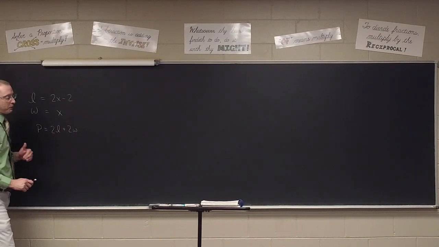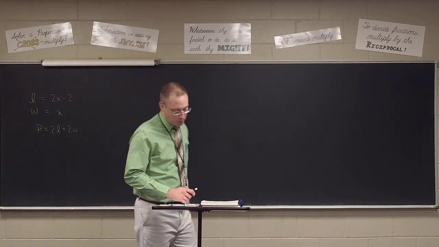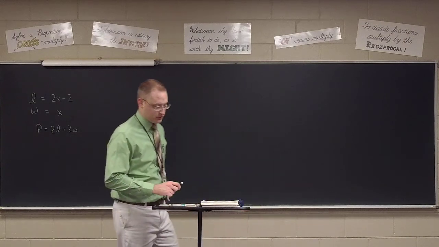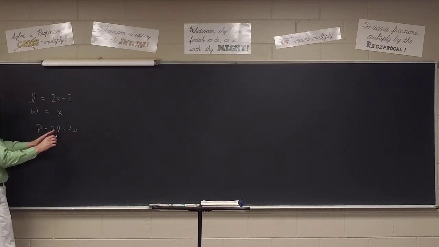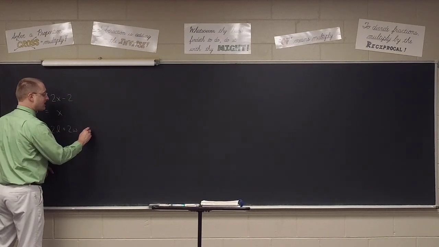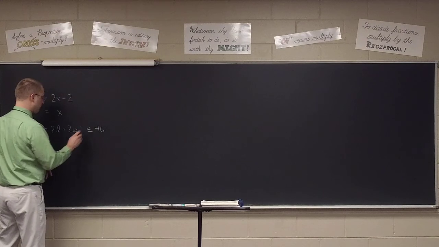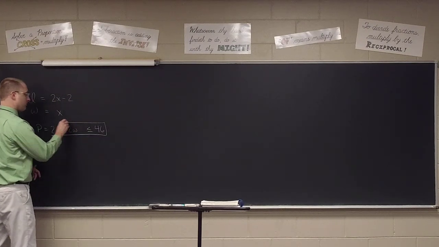So when they tell us the perimeter is going to be no more than 46 feet, that means the perimeter is going to be less than or equal to 46 feet. So the 2L plus 2W has to be less than or equal to 46 feet.